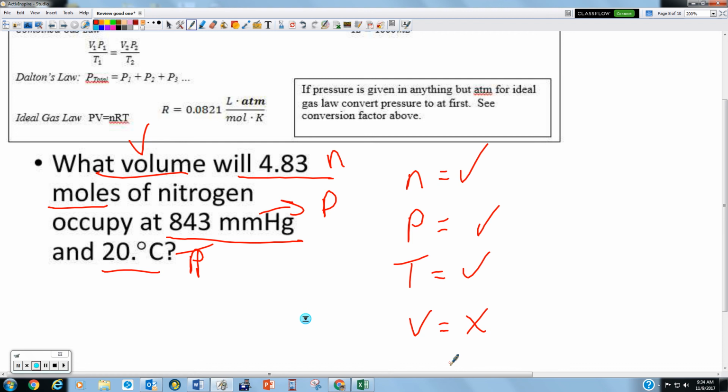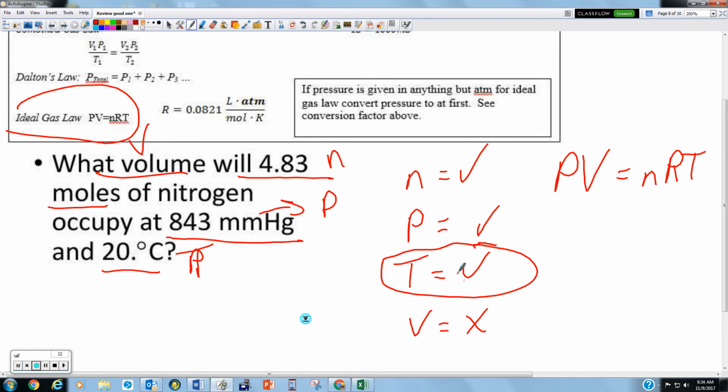So looking at this information, which equation are we going to use? Ideal. We're going to use PV equals nRT. Now, looking at the information I gave you in your box, what are some things we need to change? Okay.